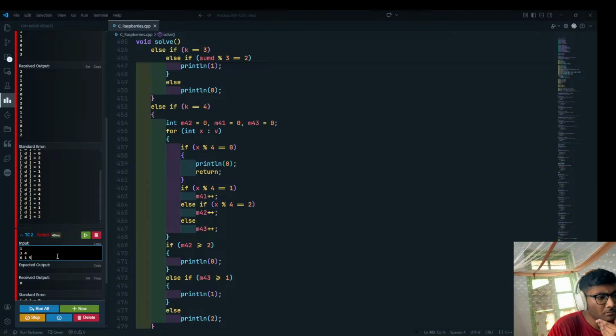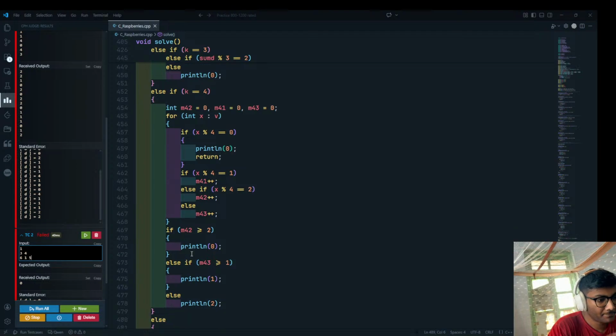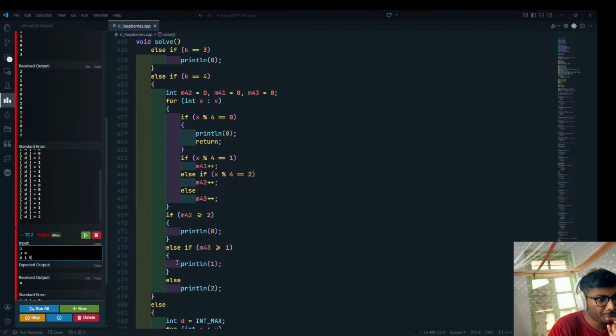Modulo 4 2 is 1, it's not the case. Modulo 4 3, what about modulo 4 1?